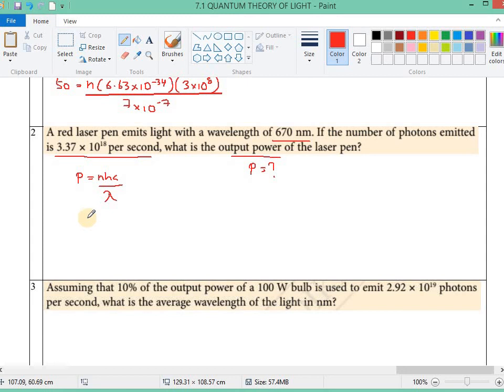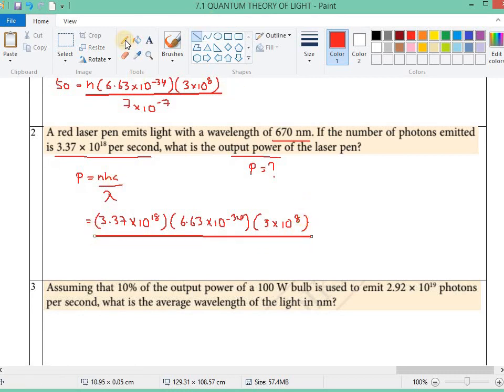The number of photons is 3.37 times 10 to the power of 18 per second, h is 6.63 times 10 to the power of negative 34, the speed of light is 3 times 10 to the power of 8, and the wavelength is 670 times 10 to the power of negative 9, because it's nano.